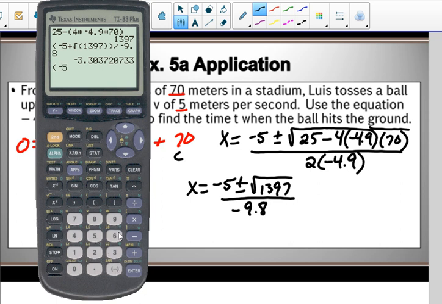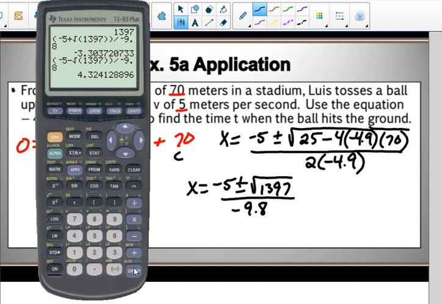So negative 5 minus the square root of 1,397 and parentheses divided by negative 9.8. And this gives us an answer of 4.324128886. Again, rounded to the nearest 10,000ths, so 4 decimal places.